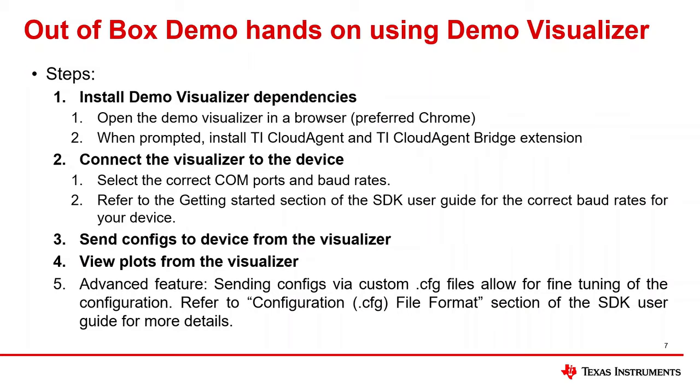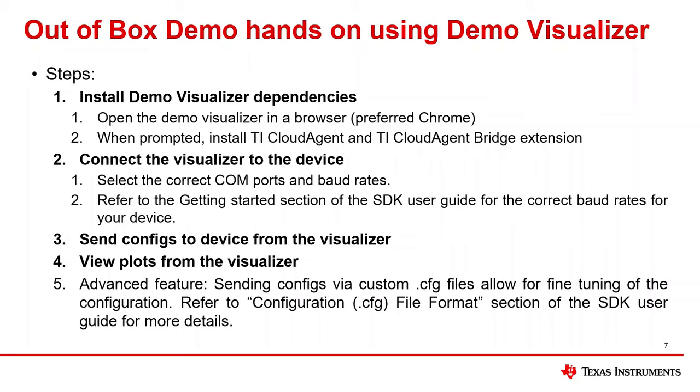Once the right out-of-box image has been flashed on the device, we can use the demo visualizer to start experimenting with it. There are 4 steps in general. The first is a one-time step. When you open the demo visualizer in a browser, preferably Chrome, for the first time, you'll be prompted to install a couple of dependencies.